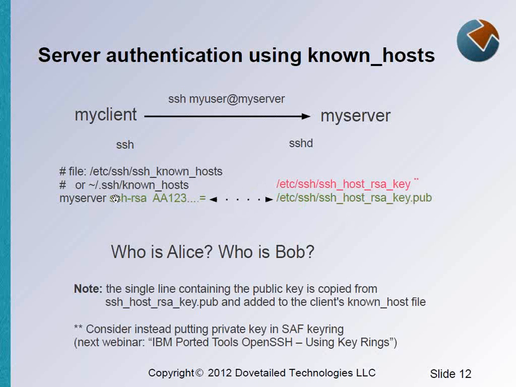You put that line in the known hosts file. That line has the name of the server or the IP address, then the key type, and then the public key. That's what goes in known_hosts, and that's what sets up the relationship so that the client can verify the authenticity of the server.